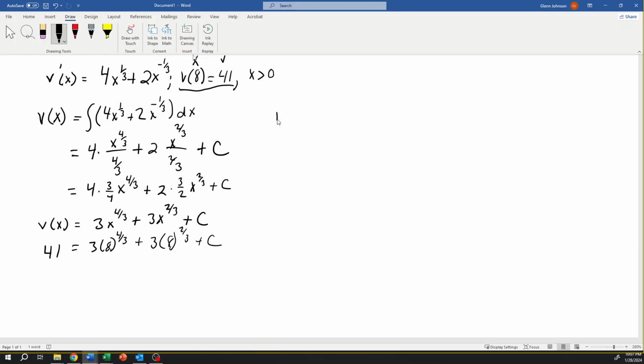I'm going to skip a couple steps here. 8 to the 4/3 power, that's equal to 16. And 8 to the 2/3 power is equal to 4. Our equation is 41 equals 48 plus 12 plus c. 48 plus 12 is 60.